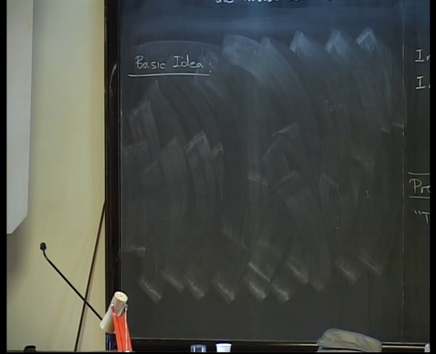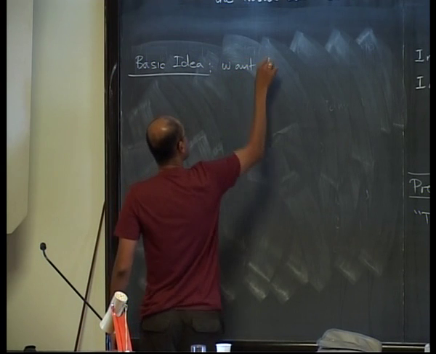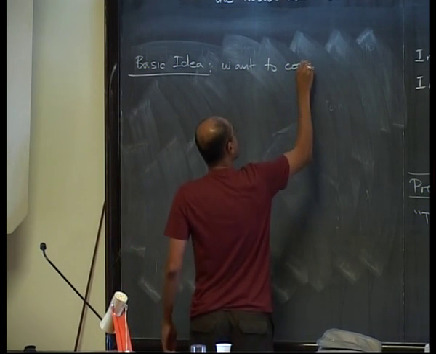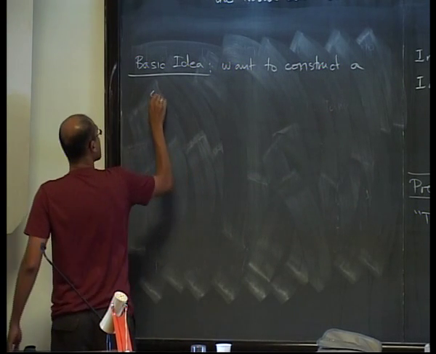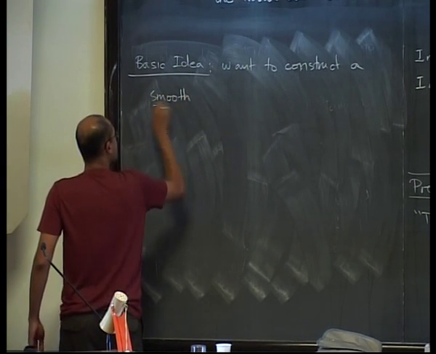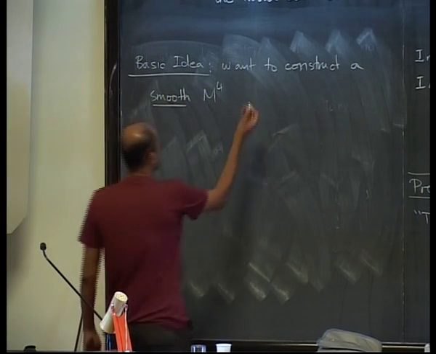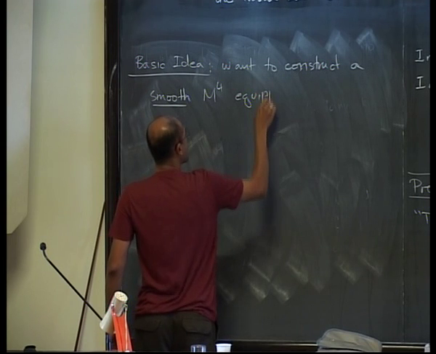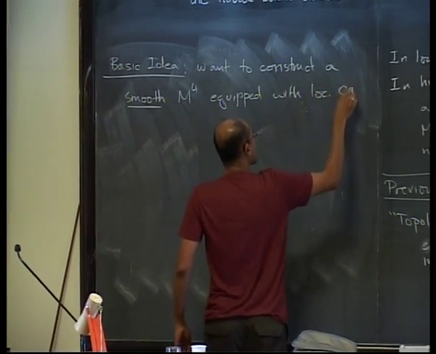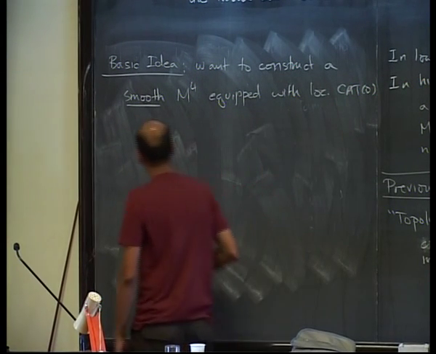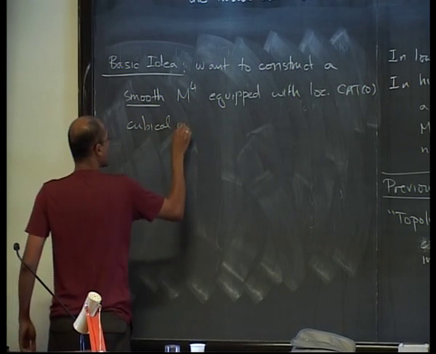We want to construct a smooth M4, equipped with a locally CAT(0) cubical complex structure.